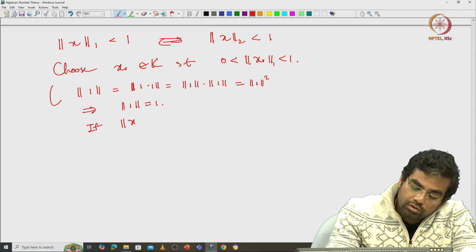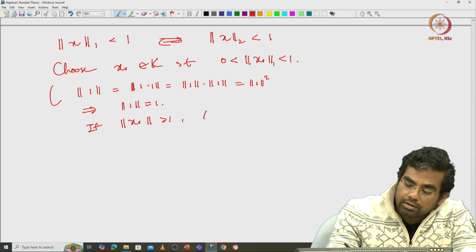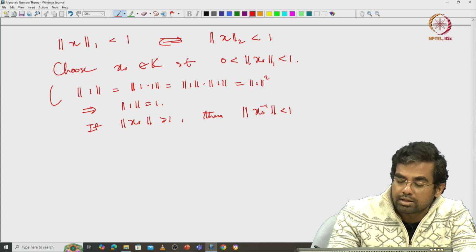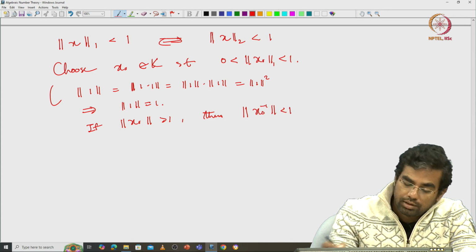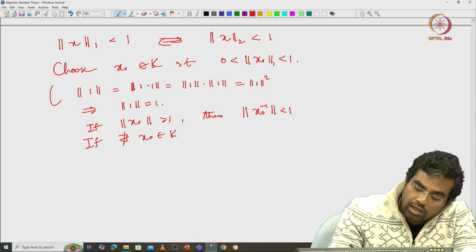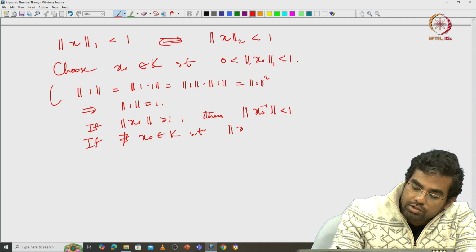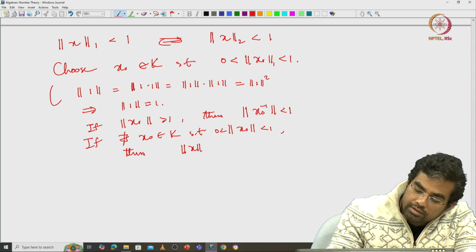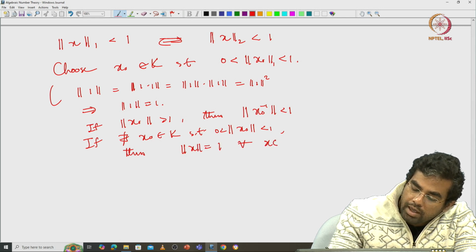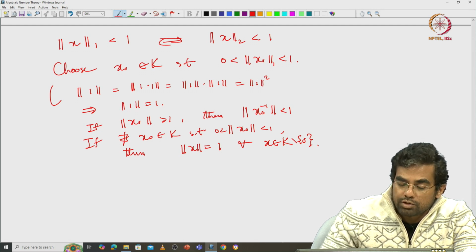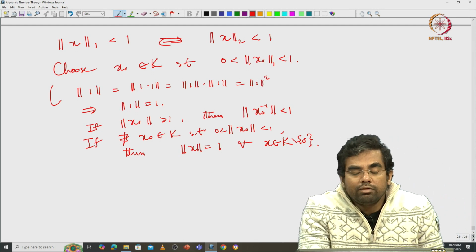So, if the valuation of x 0 is bigger than 1, then the valuation of x 0 inverse is less than 1, right. So, if there does not exist x 0 in K such that the valuation of x 0 is less than 1, then the valuation of x is equal to 1 for all x in K minus 0, right, which means that it is the trivial valuation, right.